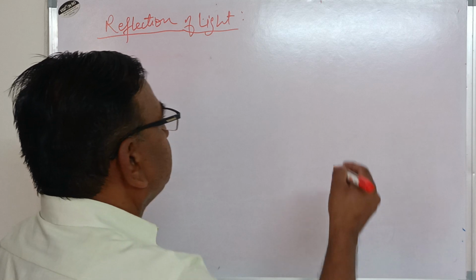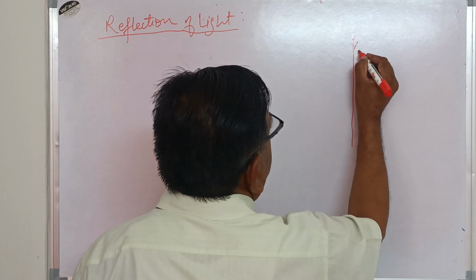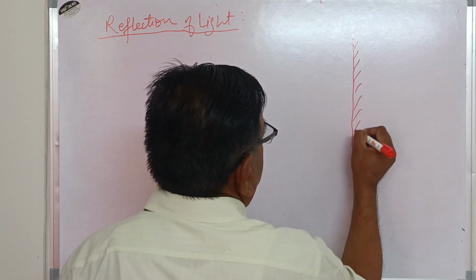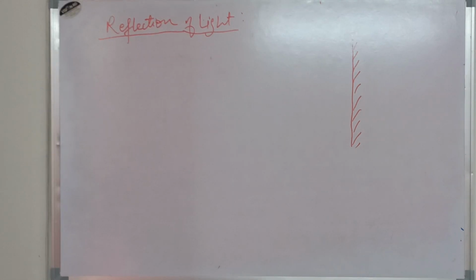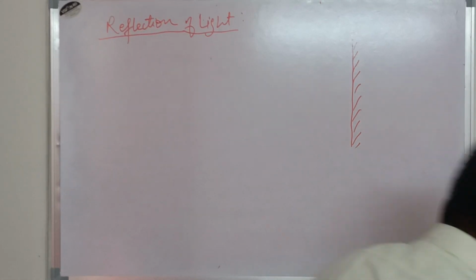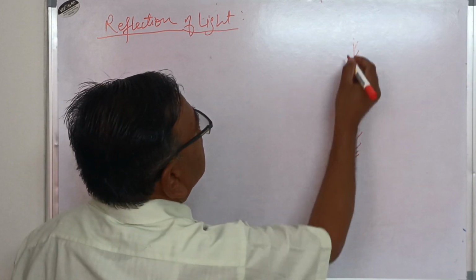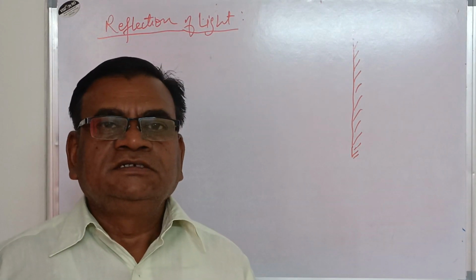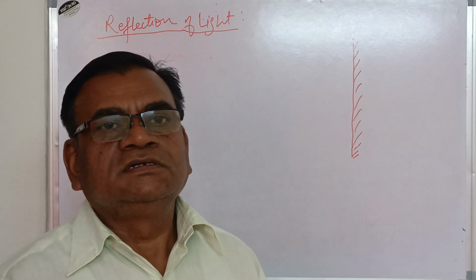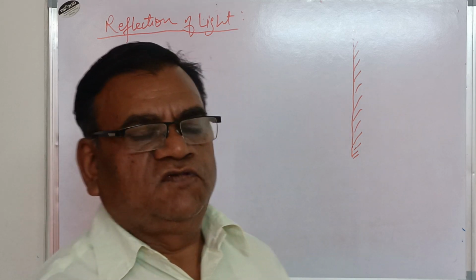Let us start. We have a mirror, which you use often in your houses. Let this be a plain mirror. We know that silver coating is the material which has the property of reflection, the best reflector of light.